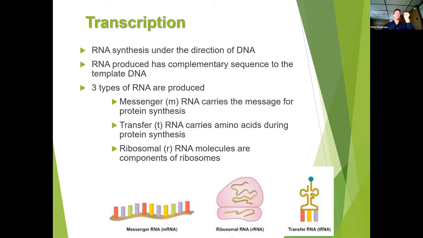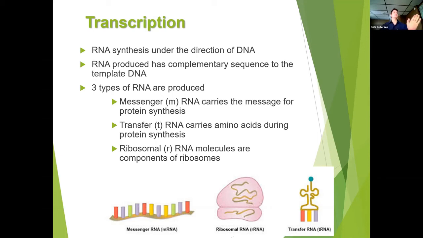Interestingly, that means the RNA produced from a template strand of DNA will have the exact same base pairing as the non-template strand of DNA, with the exceptions being that the sugar will be different, and thymine will be replaced with uracil. There's a very good picture later in the lecture that will more clearly illustrate this for you.